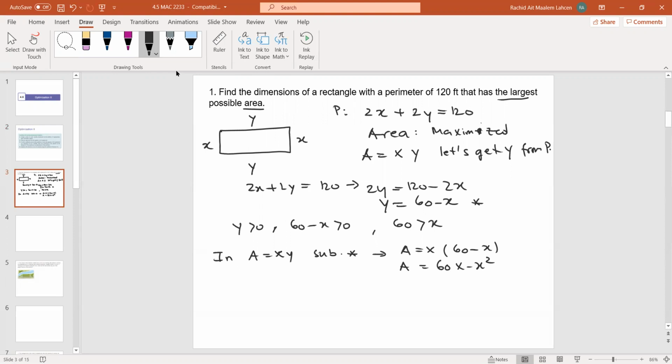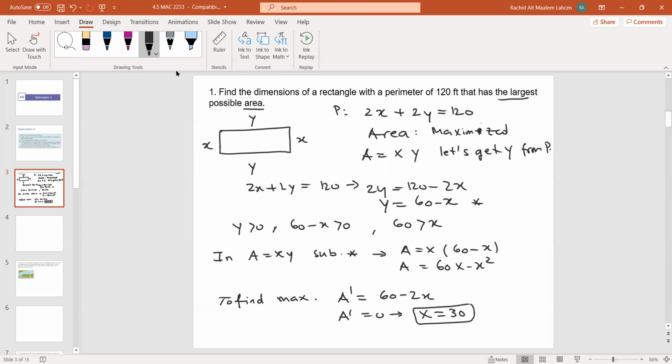And just like we did in 4.4, to find that absolute max, or to maximize, we need to find a critical point by taking the derivative. So 60 minus 2x, and we set it to 0, and we find x equals 30. And it is less than 60, so that's definitely a solution.